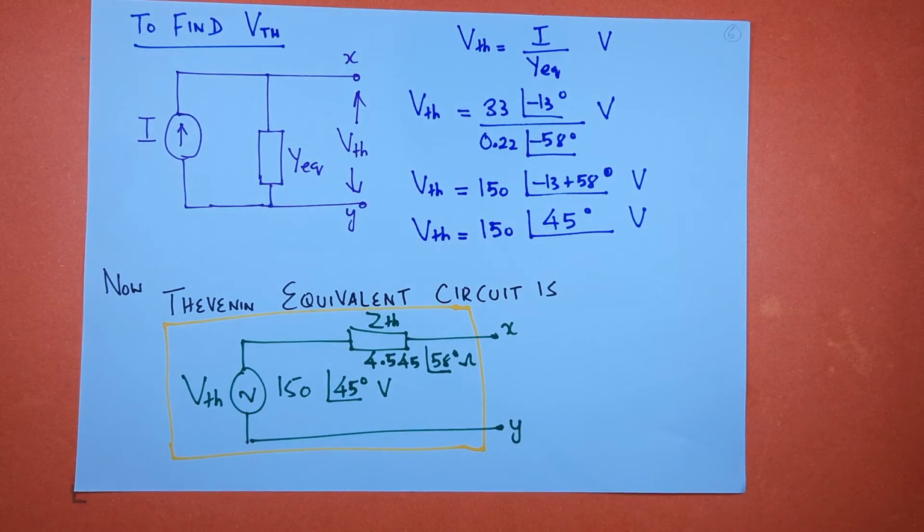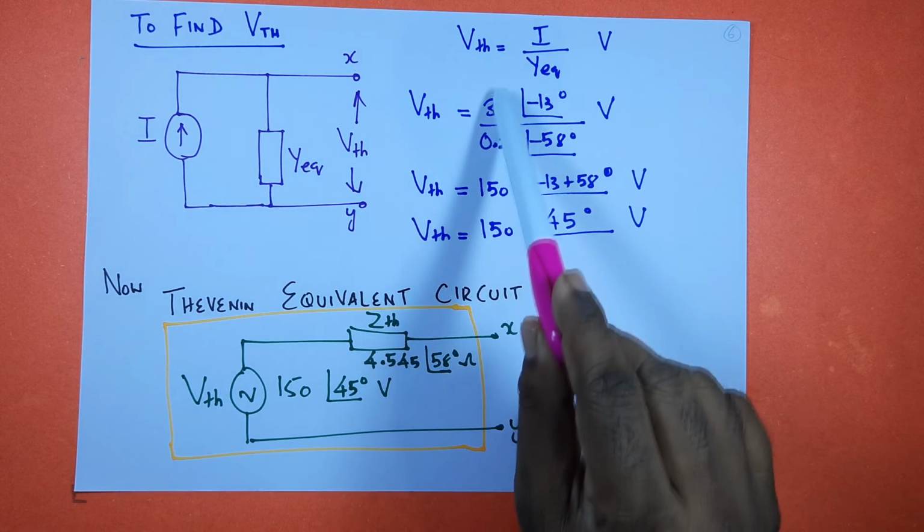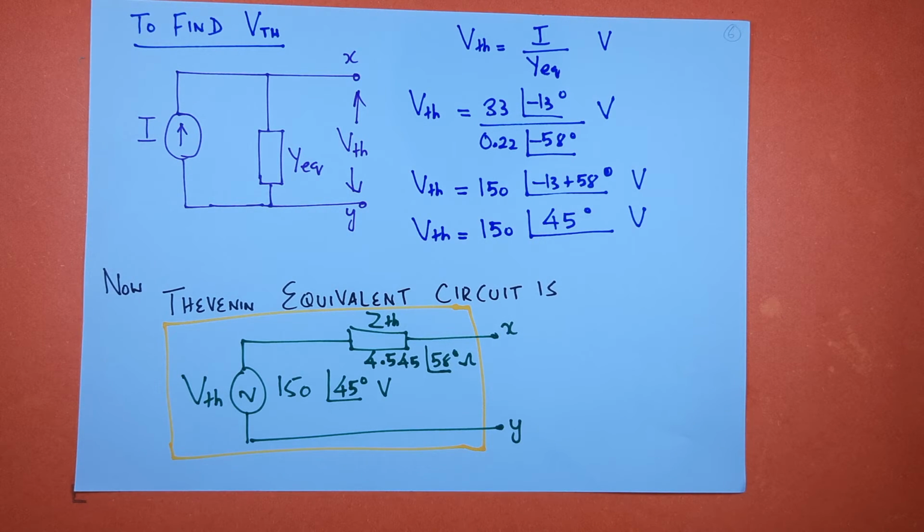So V Thevenin equals I divided by Y equivalent, in volts. I is already given as 33 angle minus 13 degrees, and Y equivalent we have already found, 0.22 angle minus 58 degrees. Dividing, V Thevenin equals 150 angle minus 13 plus 58 degrees, so V Thevenin equals 150 angle 45 degrees.